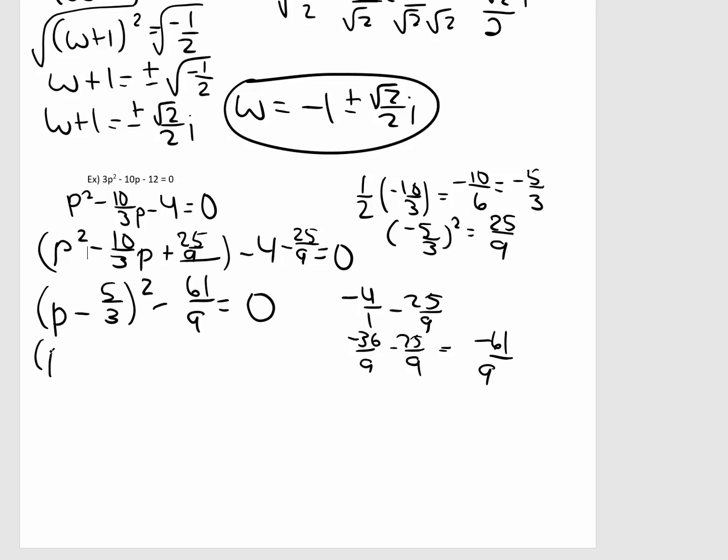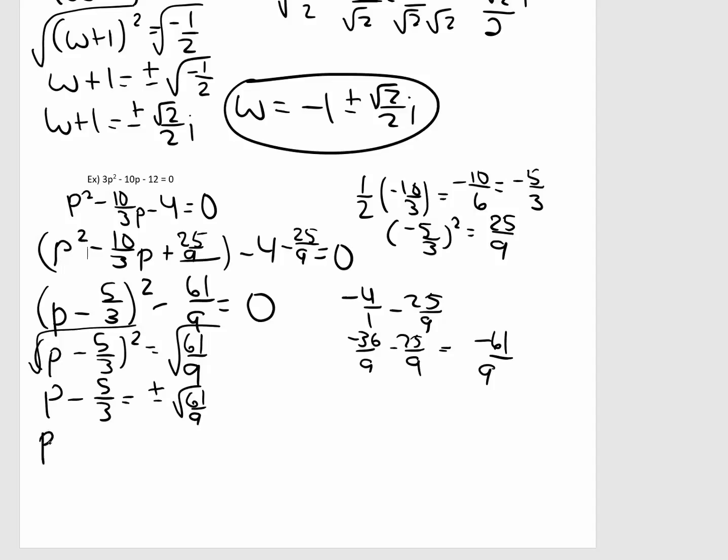Add the fraction. Take the square root of both sides. Again, don't forget it's plus or minus. That square root of 9 in the denominator, that simplifies to 3.